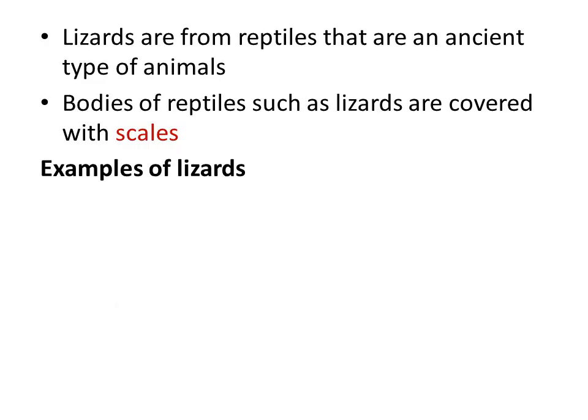Now let's study lizards. But before, let me remind you of the 5 groups of animals, which are mammals, fish, birds, amphibians, and reptiles. Starting with mammals, as you remember, they breastfeed and they give birth.